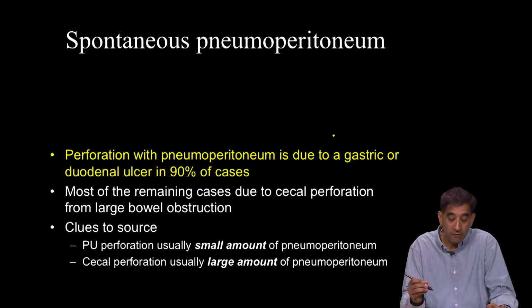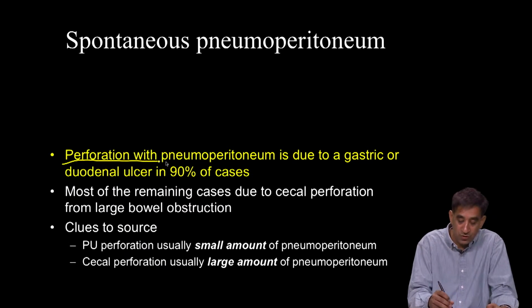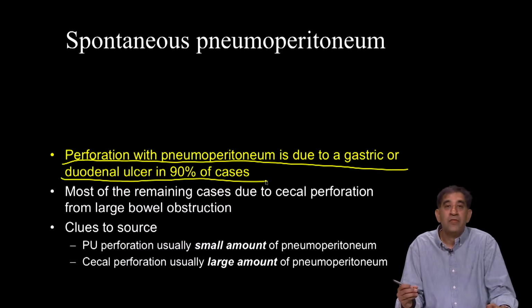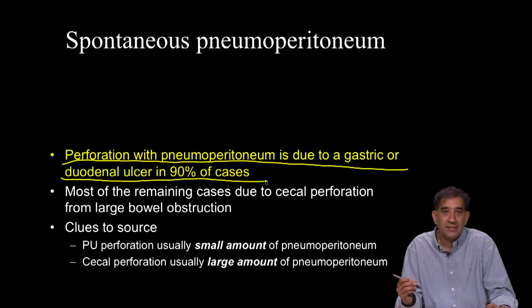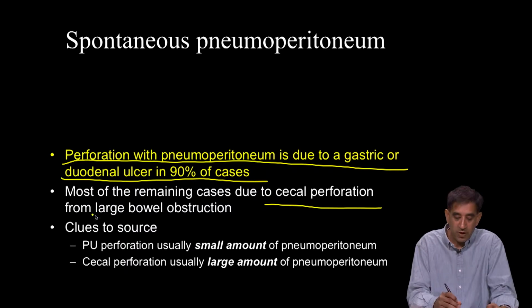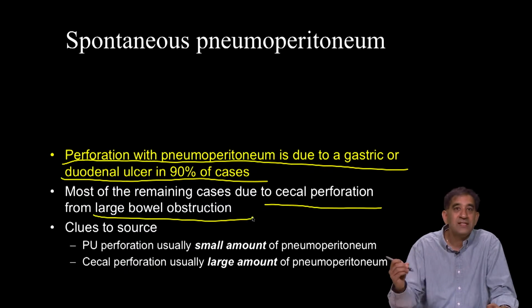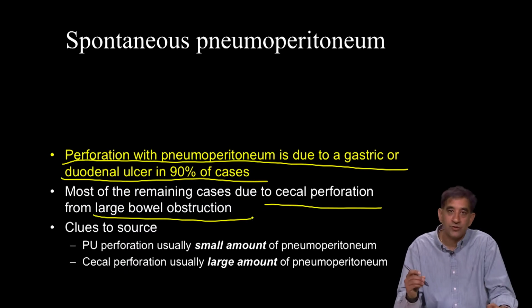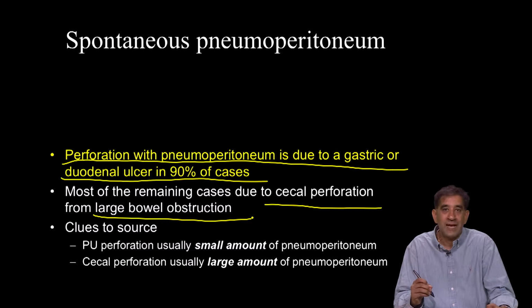And perforation with pneumoperitoneum is due to one of these two things, either a gastric or duodenal ulcer, in the vast majority of cases. And the rest of the cases are generally due to cecal perforation from a large bowel obstruction. So it's either going to be a gastric or duodenal ulcer most of the time, and then cecal perforation in the remainder of cases.